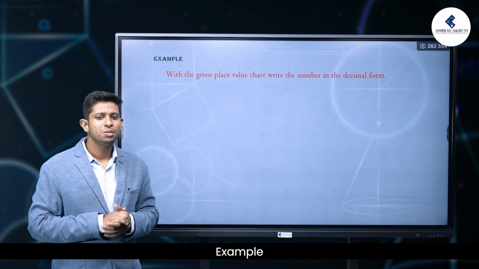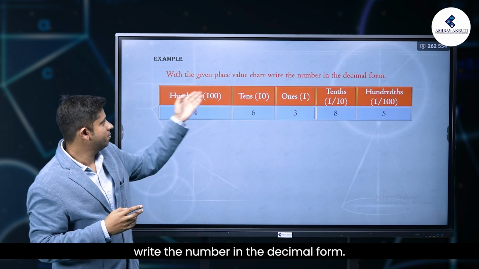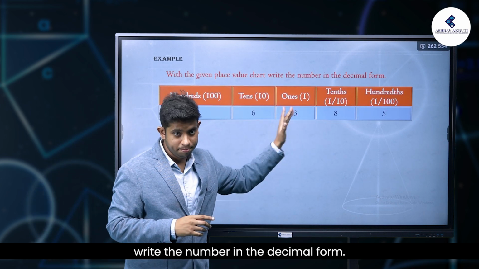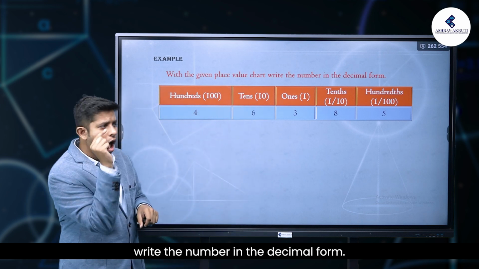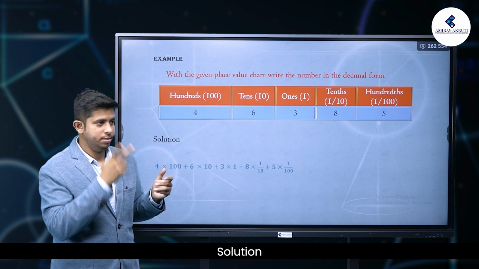Example. With the given place value chart, write the number in decimal form. Solution.